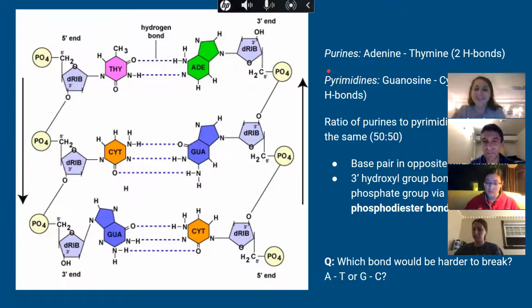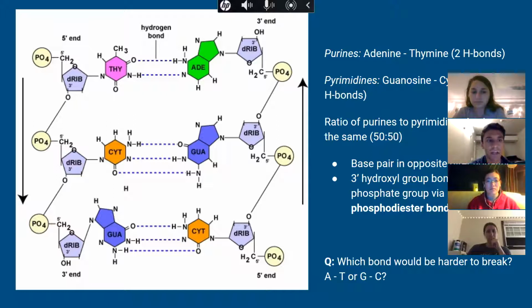Okay, well, besides the purines and the pyrimidines, the takeaway from adenine and thymine is that they form 2 hydrogen bonds, while the guanosine and the cytosine form 3 hydrogen bonds. You can see that illustrated on the left-hand side there. A big thing that Laura really accentuated, in the first or second lecture, was that DNA forms in a bidirectional manner.